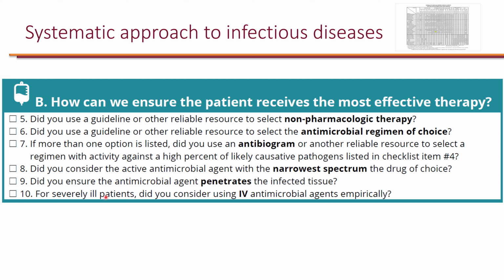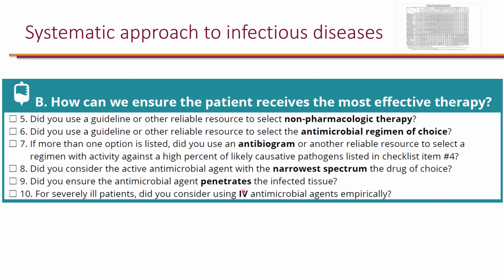And for severely ill patients, you want to consider using IV antimicrobials empirically, when appropriate. In general, people who are severely ill may not absorb an oral drug quickly. Or patients are sick, so they may be vomiting, and you don't want them to vomit the antibiotics out.